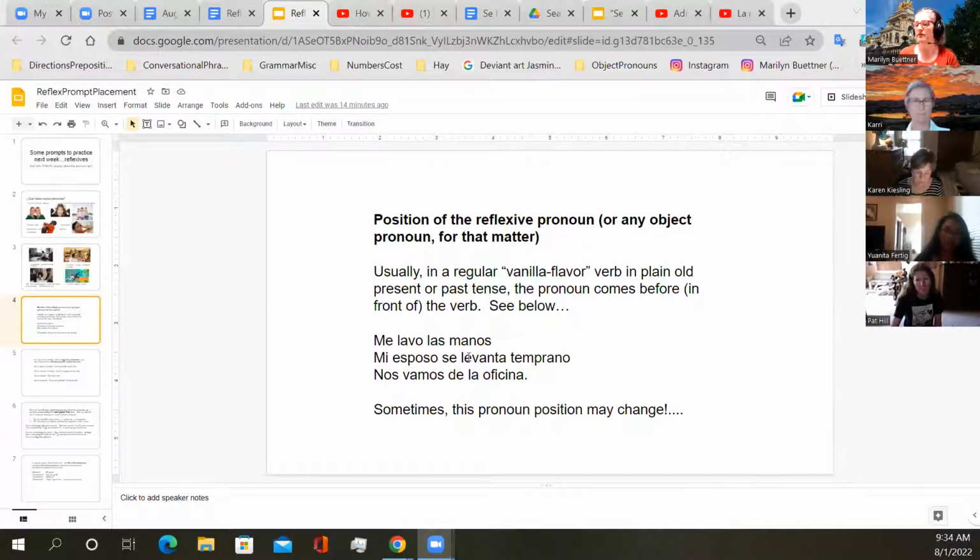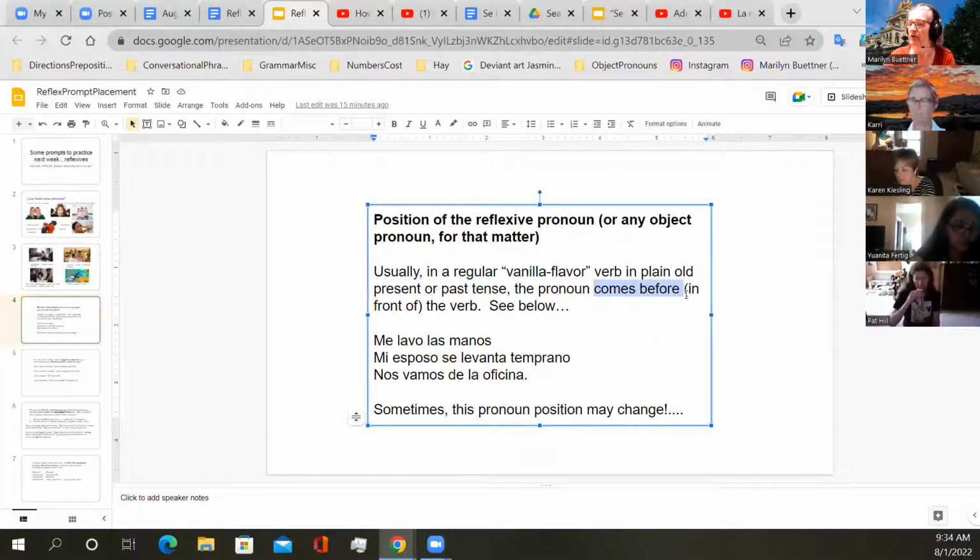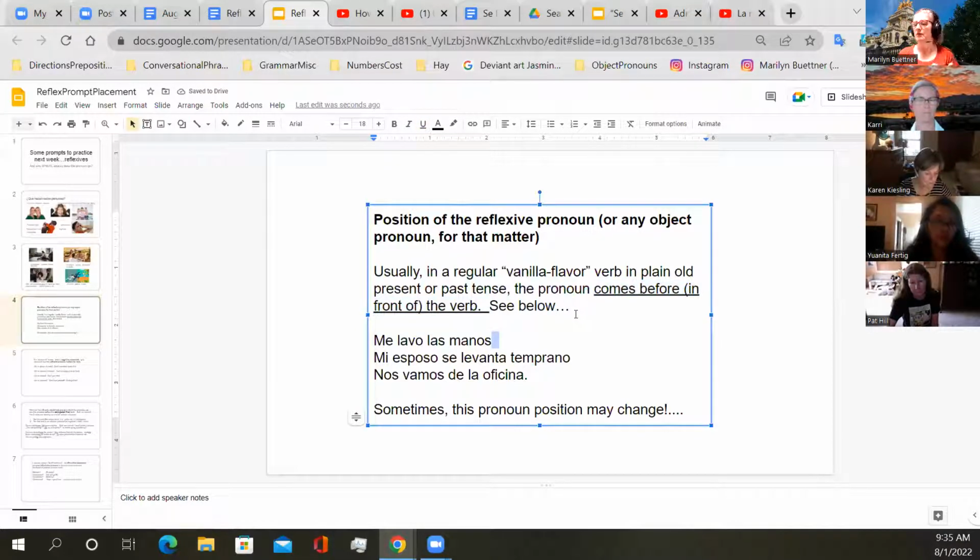Position of these reflexive pronouns, or any object pronoun for that matter. So usually our pronoun, if it is not the subject pronouns, mind you, subject pronouns tell you who does an action. This tells you who receives an action. So usually these pronouns come before a verb.